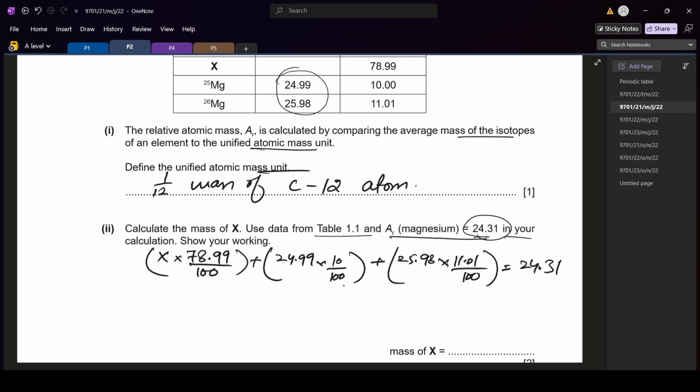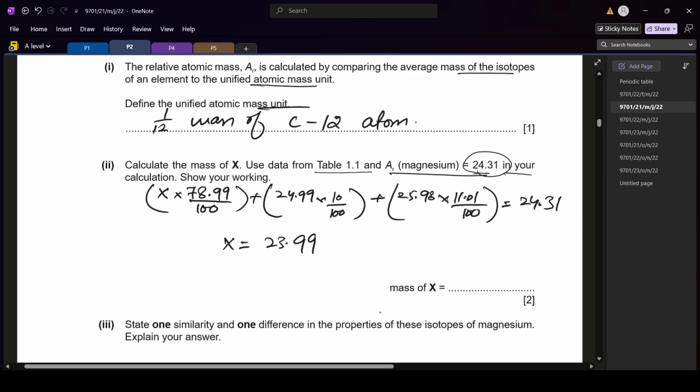So from here you will calculate the value of X, and X is going to be 23.99.